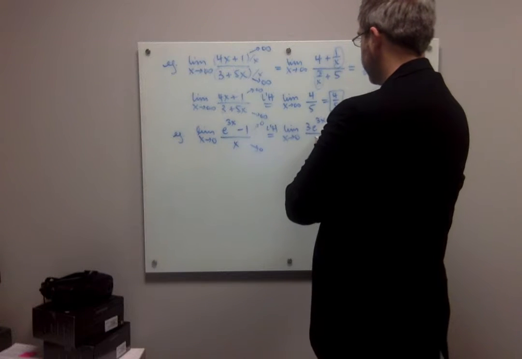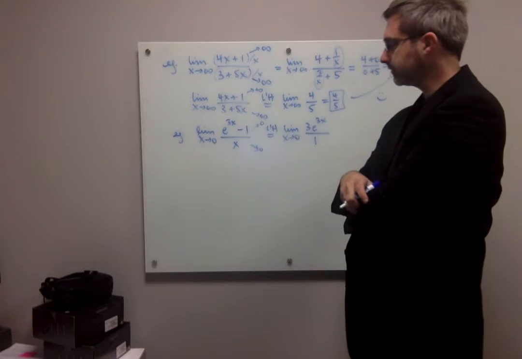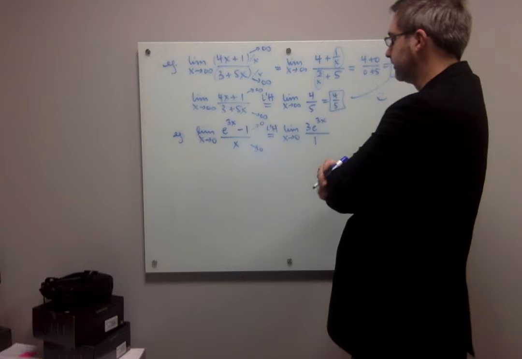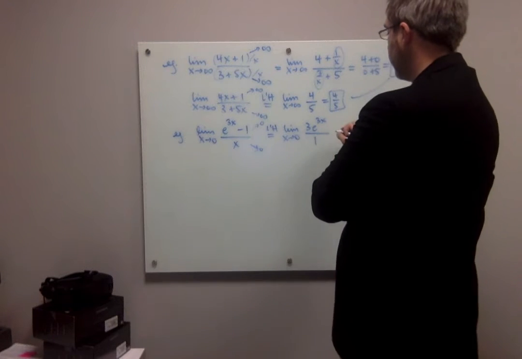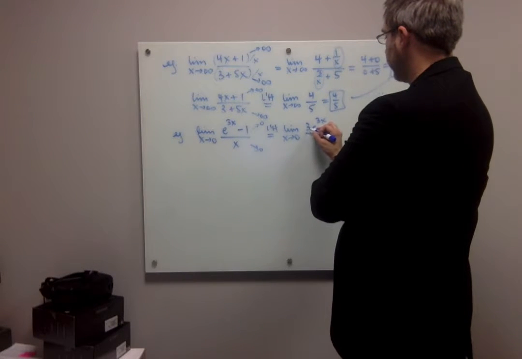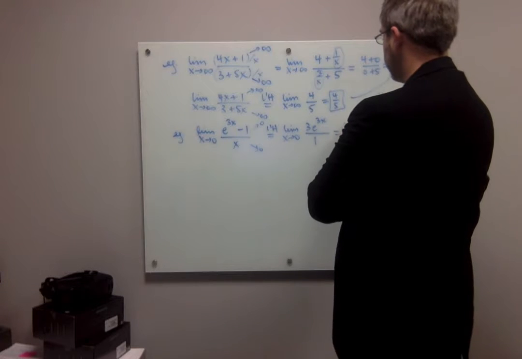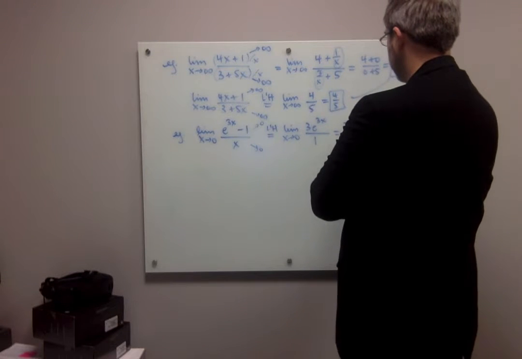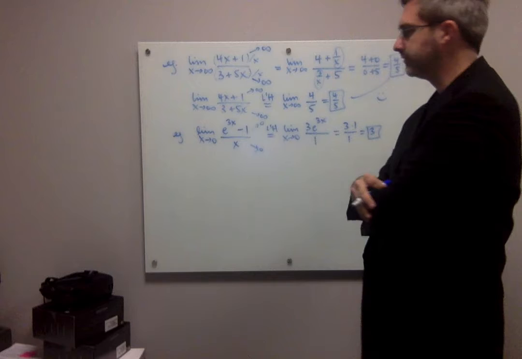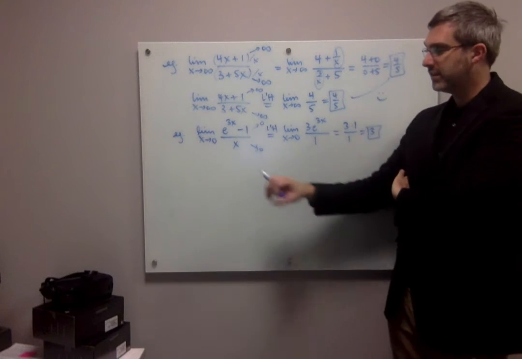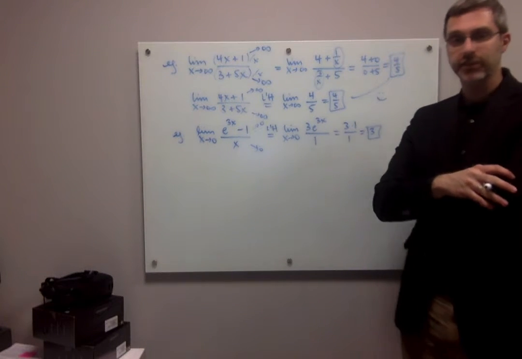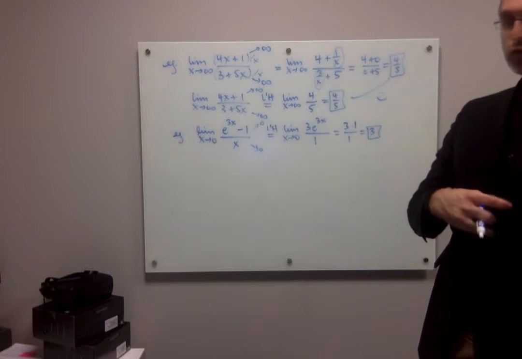And the derivative of the bottom, the derivative of x, is 1. So now when x goes to 0, I've got 3 times e to the 0 is 1 over 1, so that limit is just 3. And this was not even a problem that we could do previously. So this is a really nice rule.